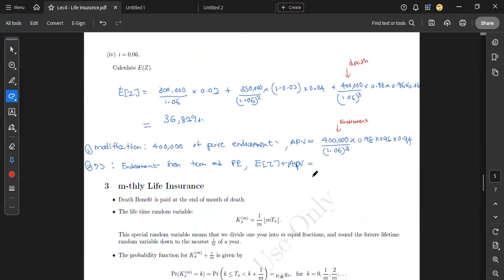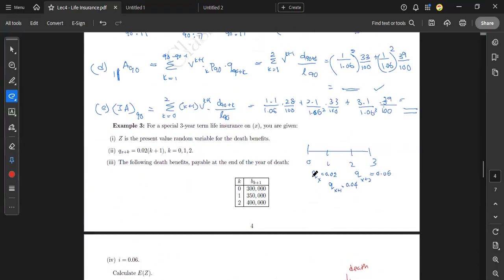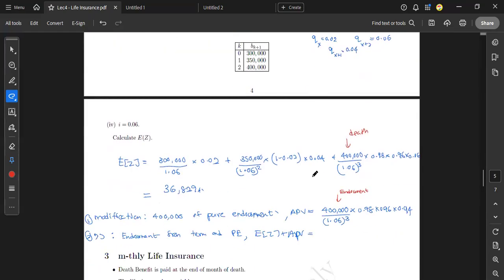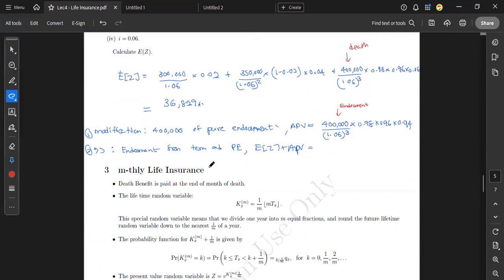So that's the point I wanted to mention in this case. The question says only a term life insurance, but I did two modifications by introducing a pure endowment, and after that, I combined that term with the pure endowment and created an endowment insurance. So those are the things that you can do to play with these concepts.